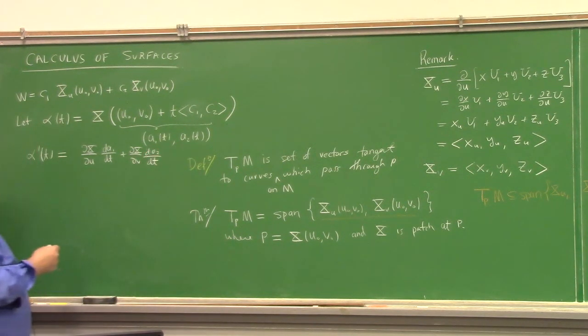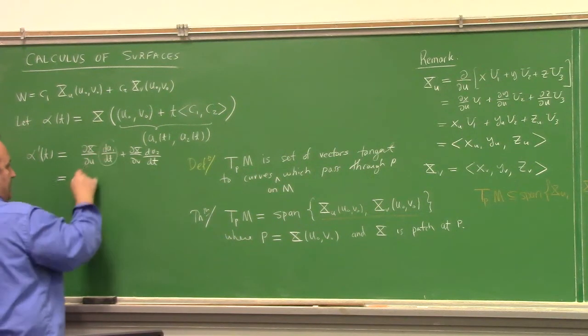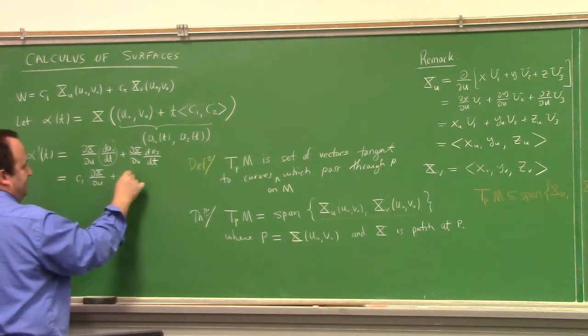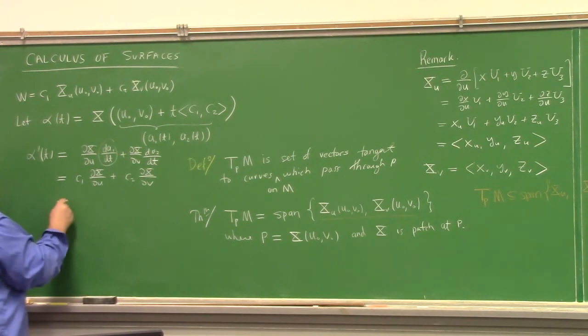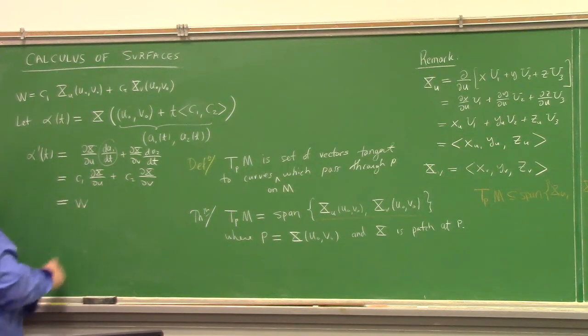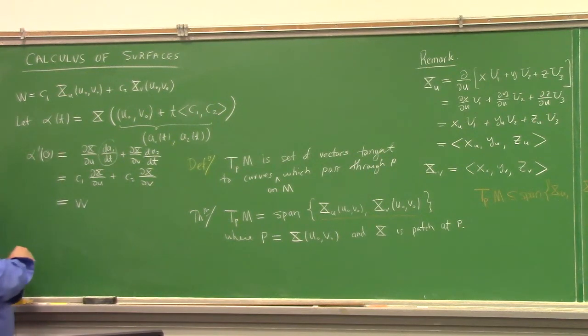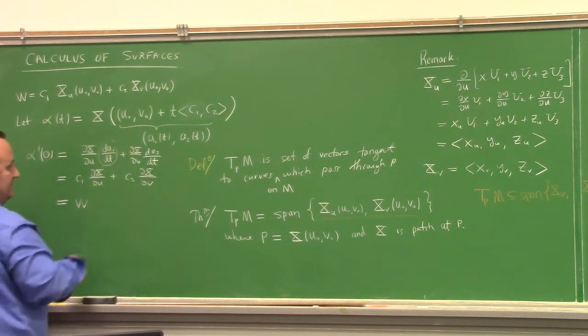But dA1/dt and dA2/dt are exactly C1 and C2. And so what do you got? You got W. Well, when you plug in t equals 0, that makes this at (U naught, V naught).